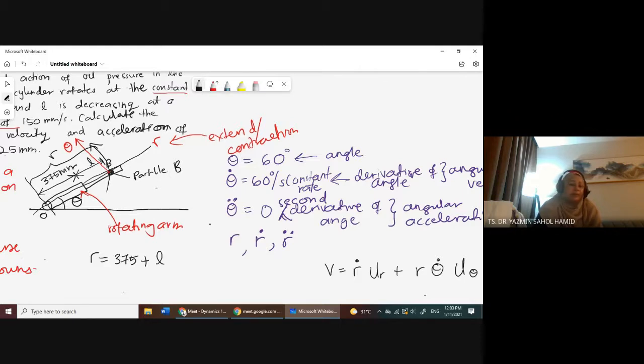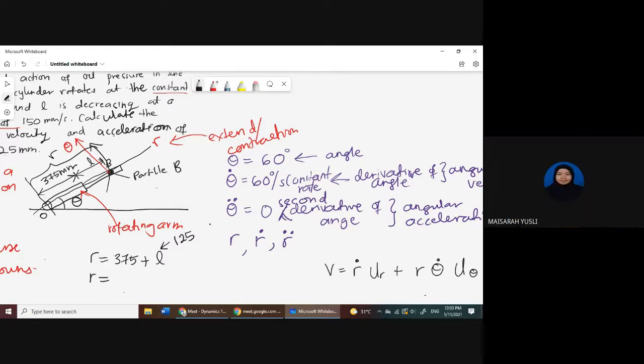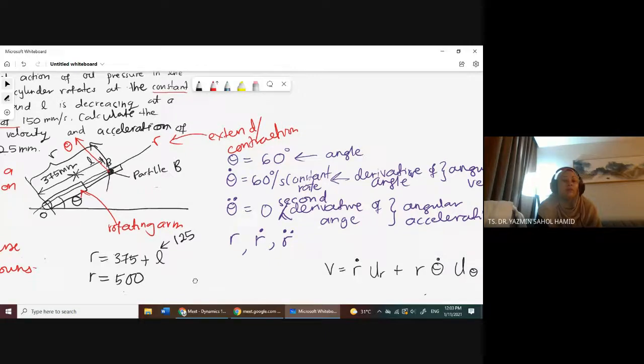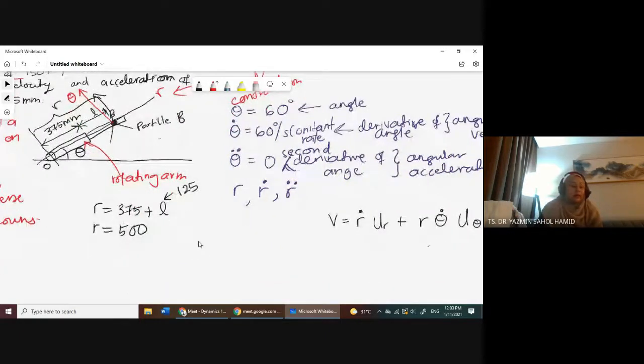So what is R? What is your L in this question? 125. So what is your R? 500. Guys, don't mistake R for L. R must be measured from point O here. The angle must also be measured from the horizontal axis.